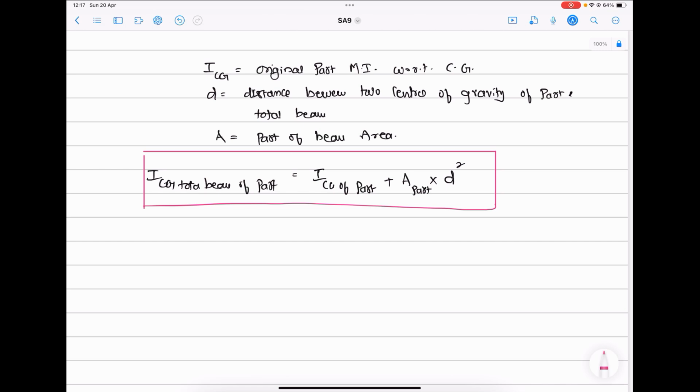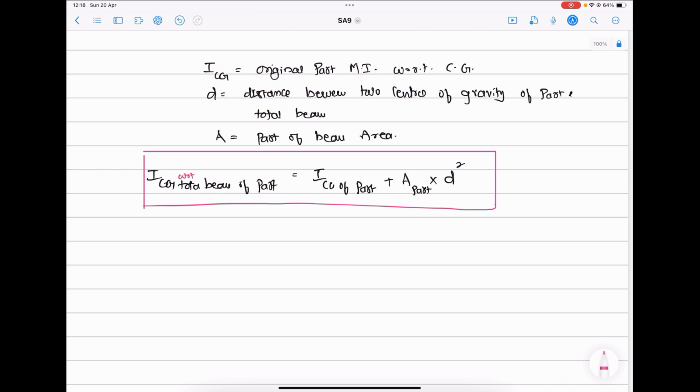And the area of the original part and the distance between the center of gravity of the original part and the center of gravity of the total beam. Then ICG with respect to the total beam of that particular part is equal to ICG of the original part plus A of the part into the distance between the centers of gravity of the total beam and the particular part under consideration.